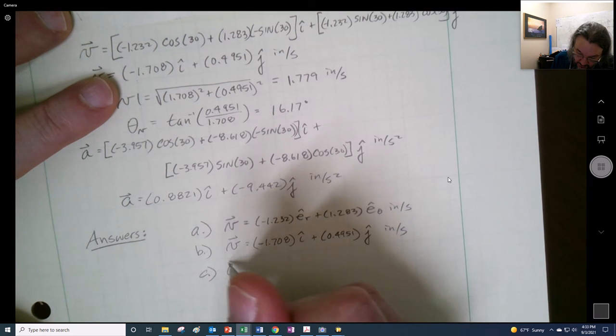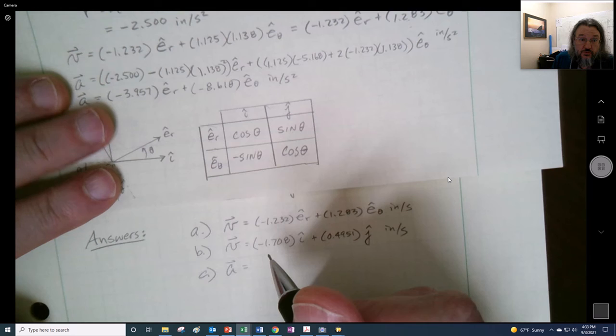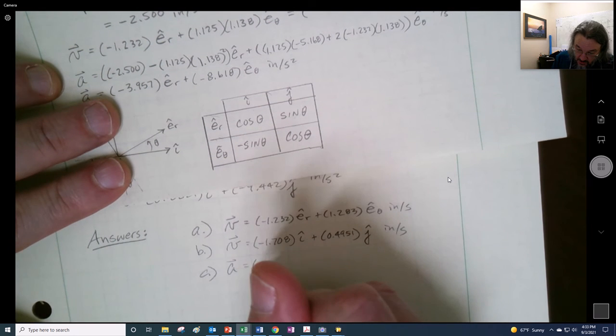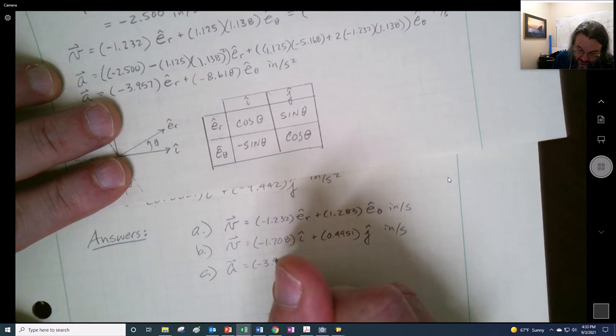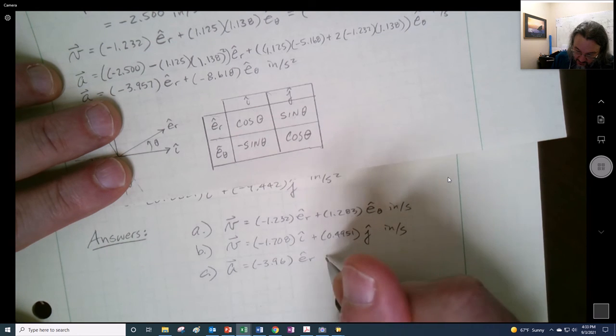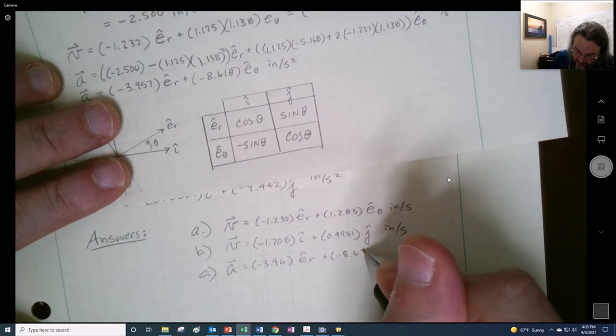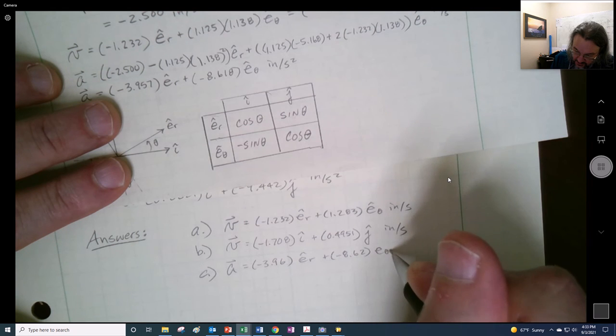C, acceleration is equal to negative 3.96. There we go, decided 3 sig figs, save myself an instant. 6.2. Whoop, lazy.